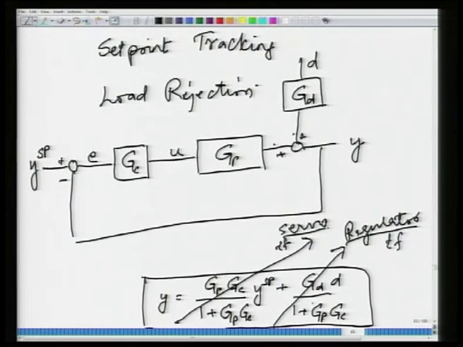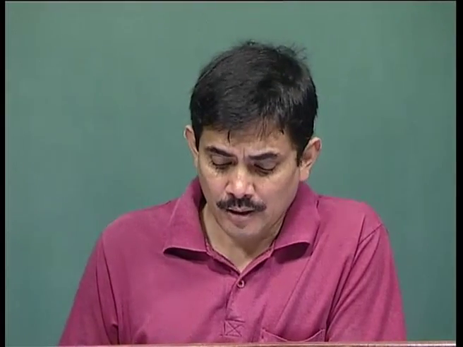Why am I talking about the servo and the regulator transfer function? That is because when I am running a plant, I am actually more interested in ensuring that disturbances are rejected effectively. So, I am interested more in the regulator response.